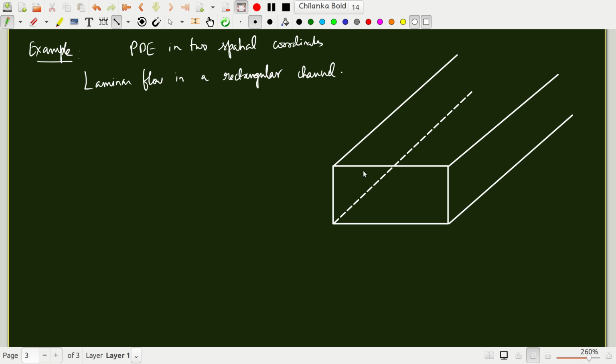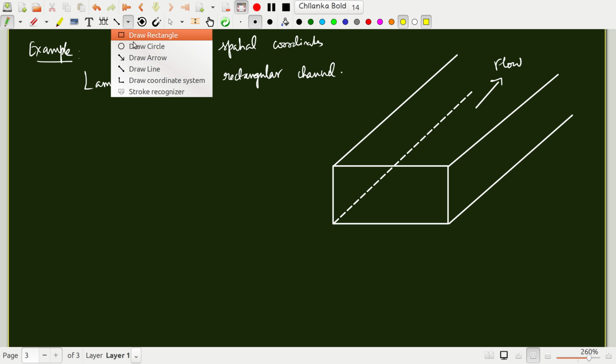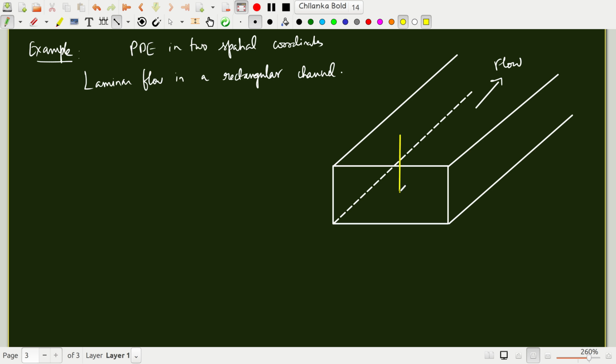So this is the channel in which fluid is flowing in this direction. Now this is the x coordinate, and this is the y coordinate of a Cartesian coordinate system, and z is in this direction, the flow is in the z direction.